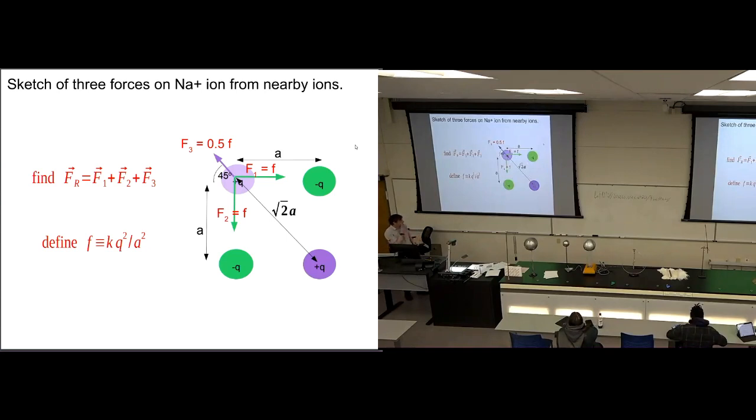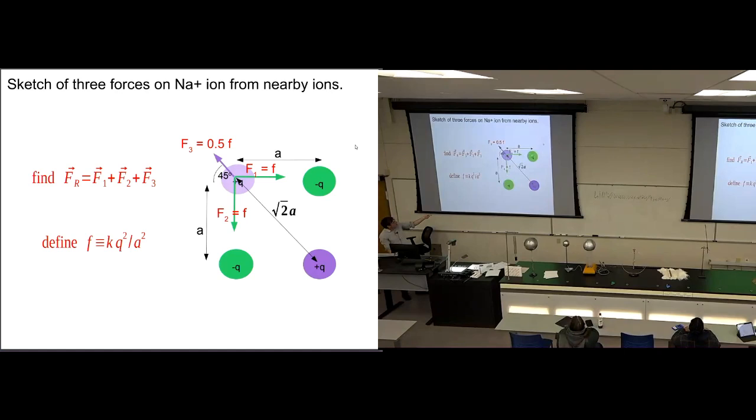So the first thing I did was picture those forces, and actually I quantified those forces. This charge down here and this charge up here, the purple and the green, are opposite charges, so there's going to be an attractive force on the sodium ion due to the charge below. I represented it by this green arrow here. You can see it's attractive.